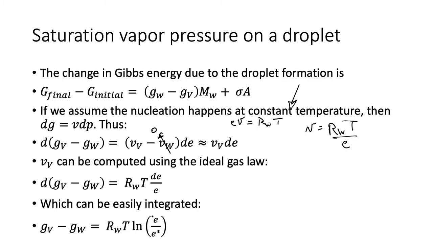And this is the logarithm of the differences between the two. Obviously, we're going from a case where we are inside of the box, and the gas is a certain vapor pressure E, and we go close to the liquid water droplet where the vapor pressure equals the saturation vapor pressure, and that's why we have E over E star.